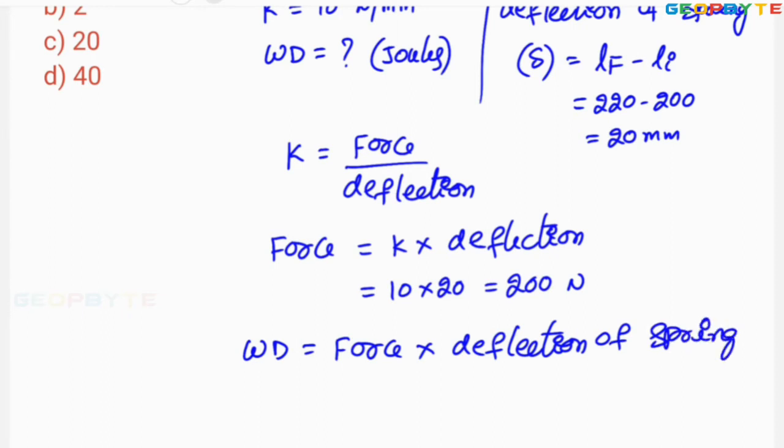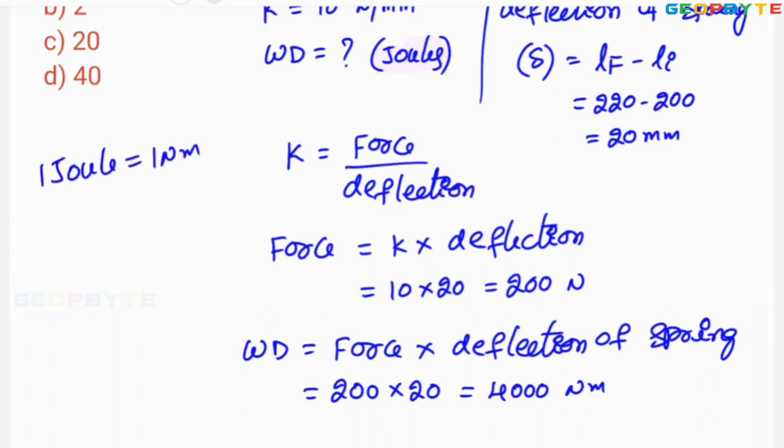The force is 200 and the deflection is 20, so it is equal to 4000 Newton meter. But the answer is asked in joules. 1 joule equals 1 Newton meter. But here you got a Newton mm value.